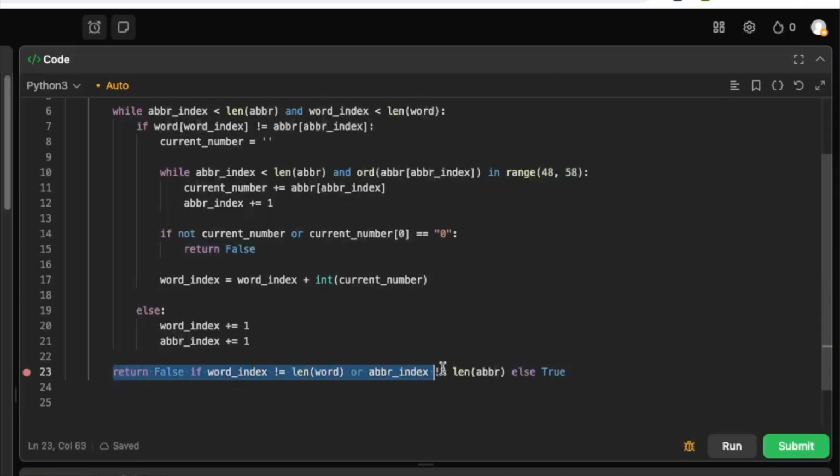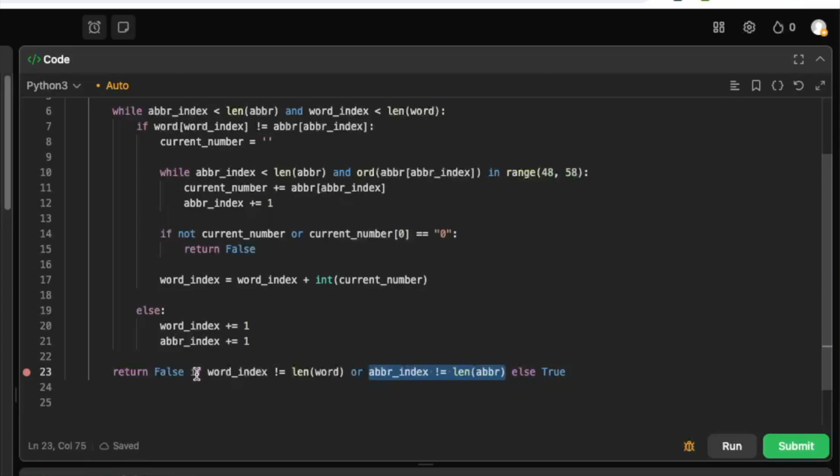So then at the end, this is where we check for those 2 cases. So we want to return false if either the word index does not equal the length of word or the abbreviation index does not equal the length of abbreviation. So what this is telling us is if we either haven't gone far enough in our word or we've gone too far, return false. And similarly for abbreviation, if we haven't gone far enough or we've gone too far, then we return false.